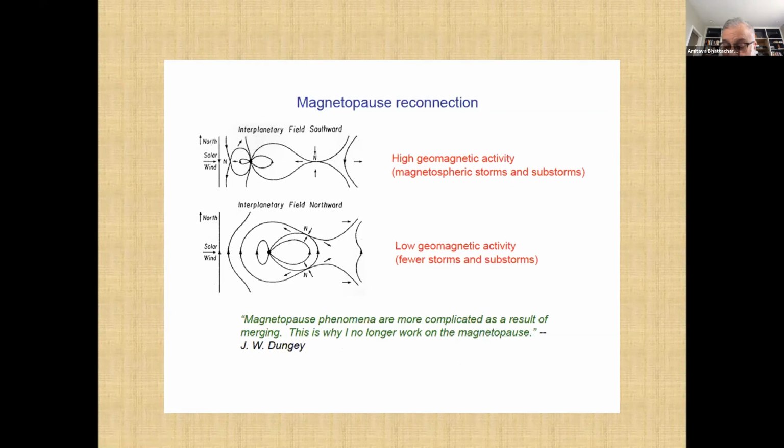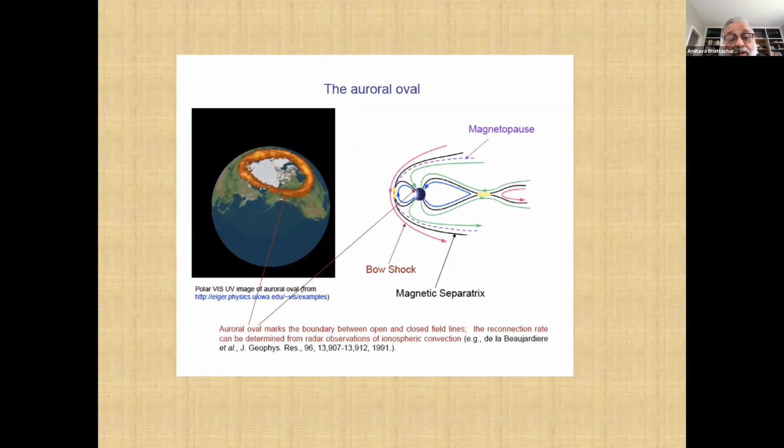But I hope many of you will, because reconnection is extremely important for how the Earth's magnetosphere responds and even lets plasma in. And here I am showing you a cartoon picture of what occurs for a substorm. And a real signature of a substorm, as you have already seen, is polar cap brightening.